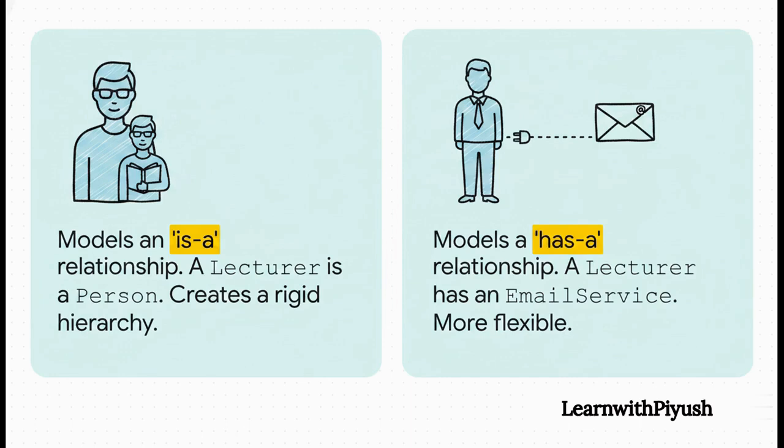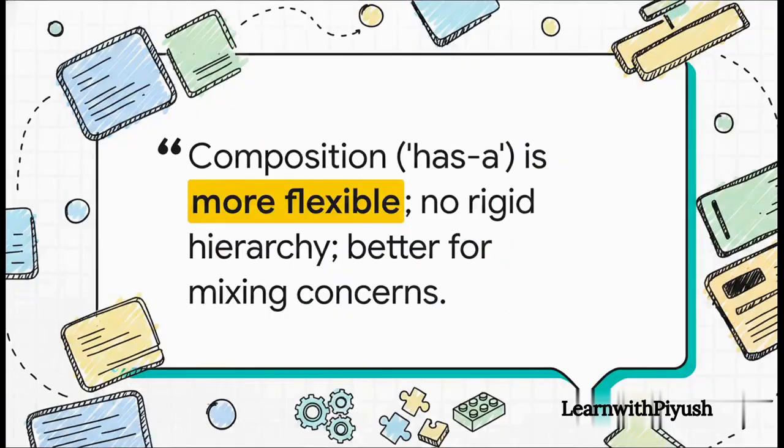Composition lets us build complex things by plugging together smaller, independent components, almost like building with Legos. This has-a relationship is so much more flexible. It completely avoids that tight coupling problem we just talked about. And this leads to a famous mantra in the world of software design: favor composition over inheritance. It encourages us to build robust systems from interchangeable parts, rather than locking ourselves into a rigid family tree.